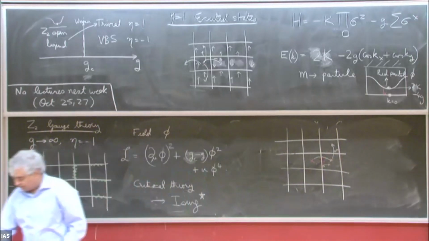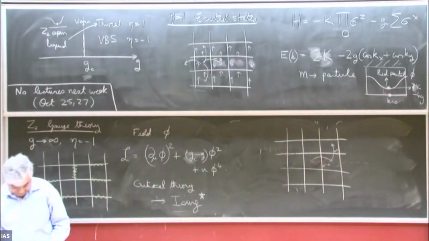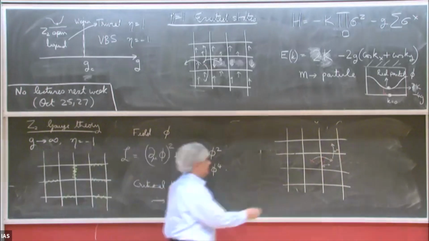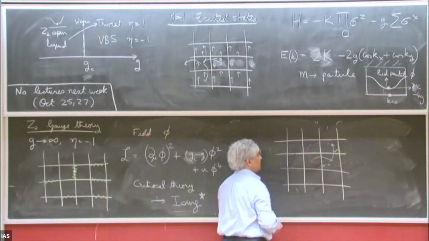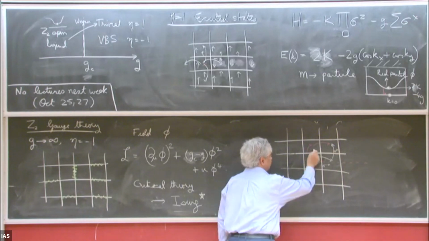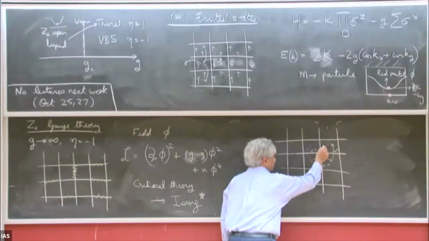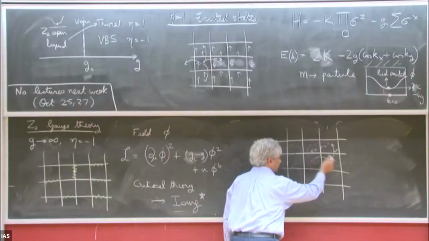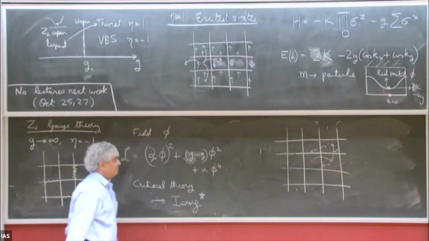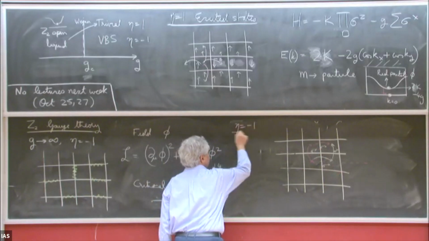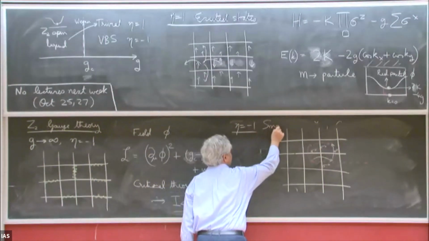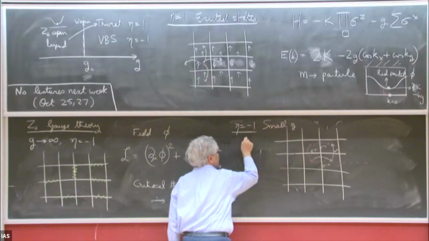But if I go the other way, go this way, here and there, then I get another sigma x here and another sigma x here, because sigma x is the object that moves the flux. So what I'm doing here is eta equals -1 and the small g excited states.